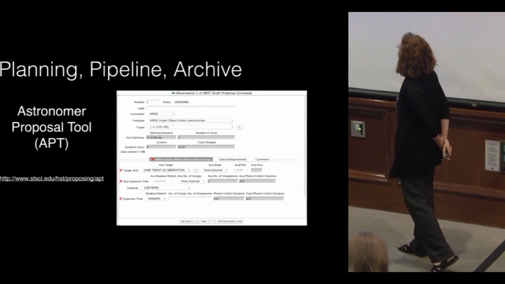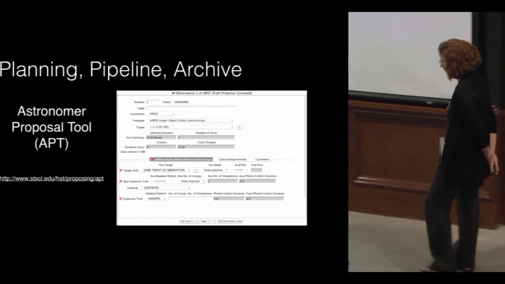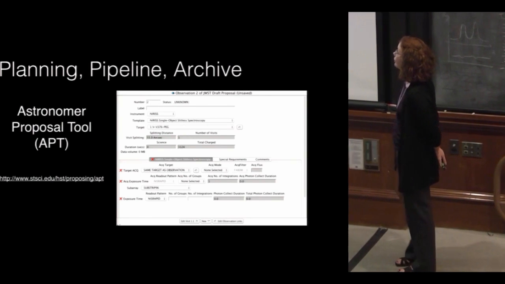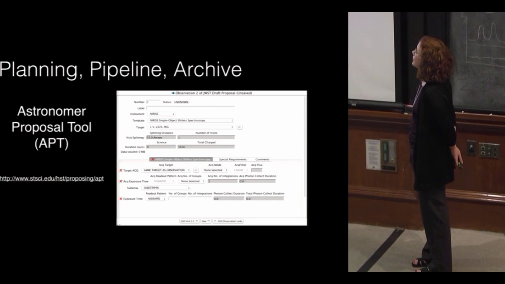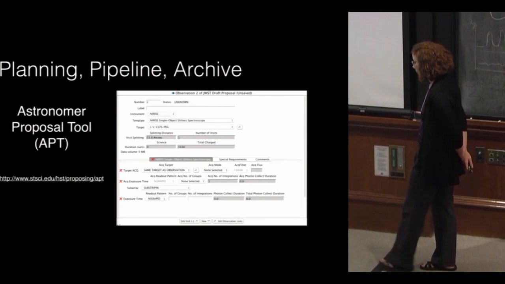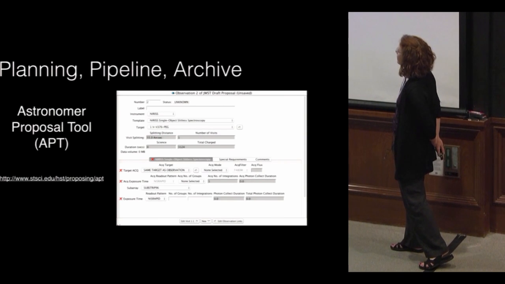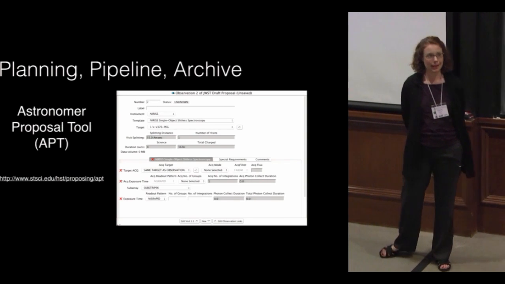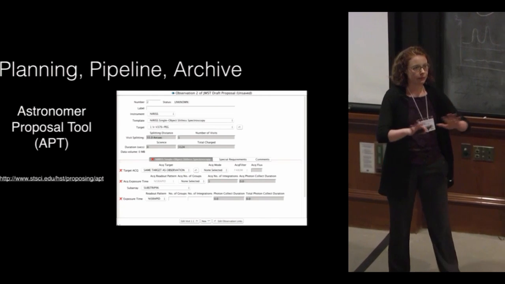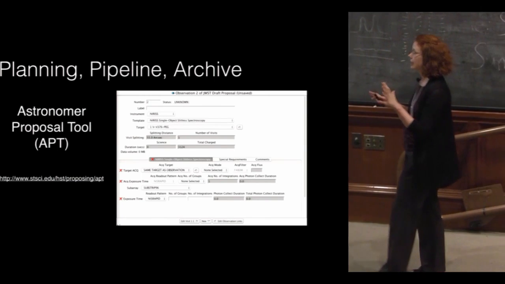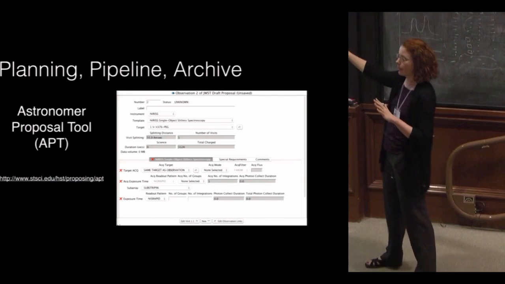I also want to mention the other parts of how transiting exoplanets will be handled with JWST, and that includes planning your observations, the pipeline, and the archive. Basically, we now have a time series observation designation at every phase, from planning your observation for JWST to putting it into the Astronomer's Proposal Tool.